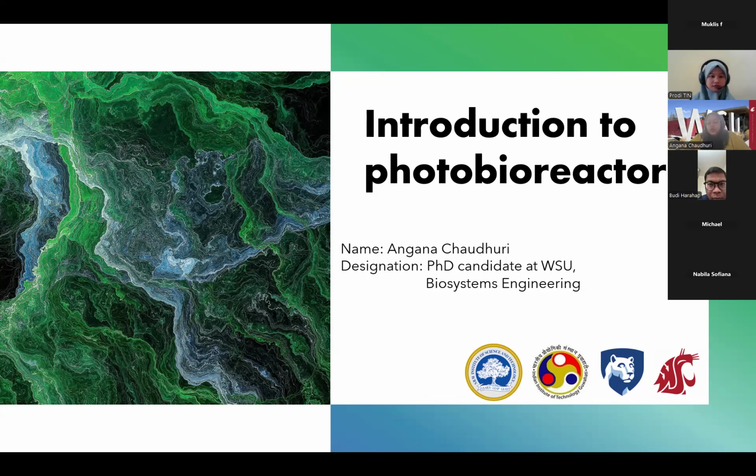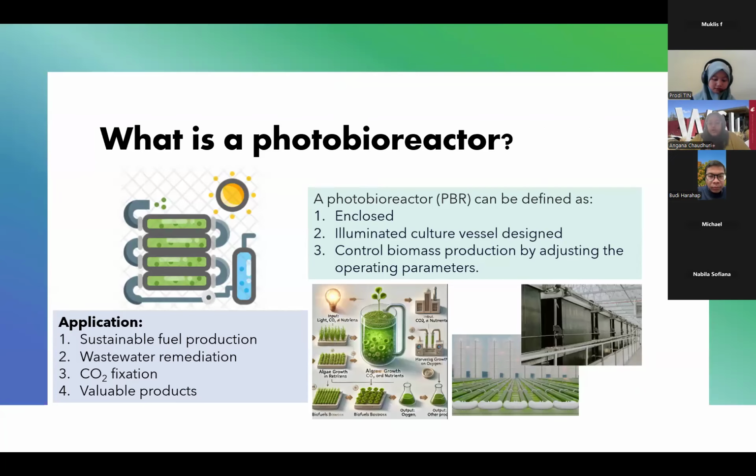So let's start with what is a photobioreactor. The term photobioreactor can be divided into two parts, photo and bioreactor. From the word photo, we can understand that it has something to do with light, and bioreactor is something we can consider a reactor, which can biologically produce something in the form of biomass or a bioproduct.